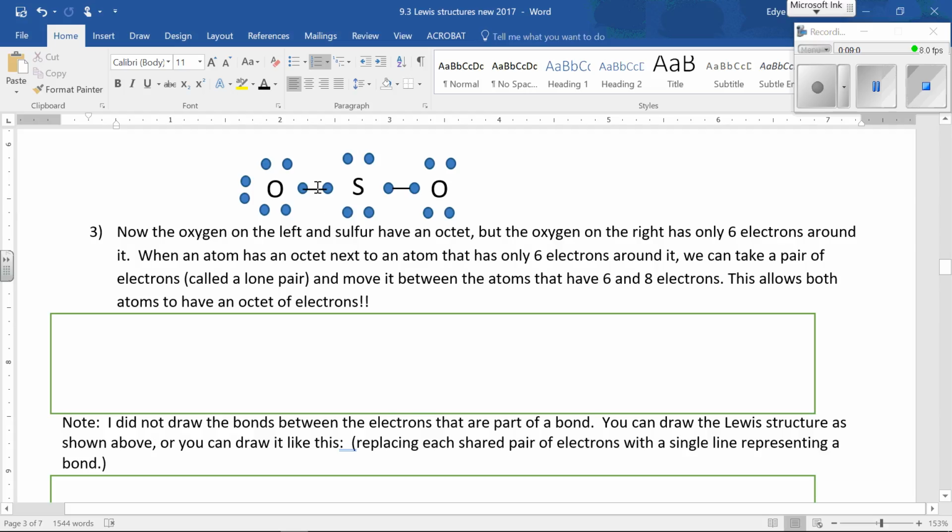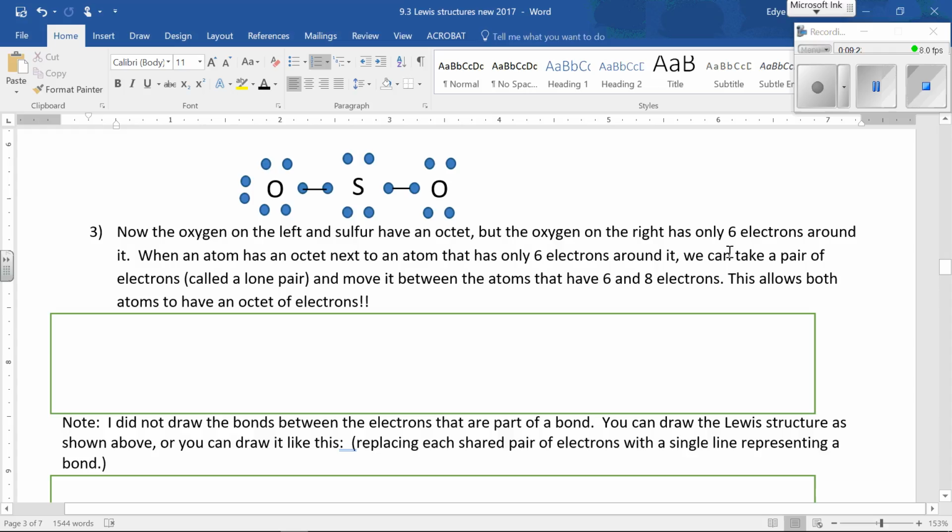The bonds count as part of the octet for each atom that the bond is between. So this oxygen is okay. Let's check sulfur. 1, 2, 3, 4, 5, 6, 7, 8. Sulfur looks okay. It's got 8 electrons around it. And this oxygen, 1, 2, 3, 4, 5, 6. Oh, this only has 6. We have an 8, an 8, and a 6. We need to fix that.